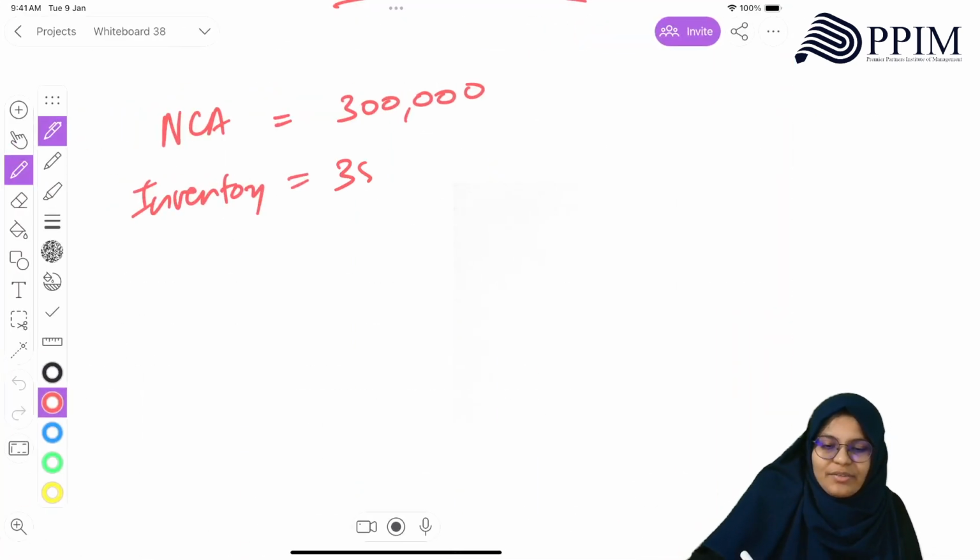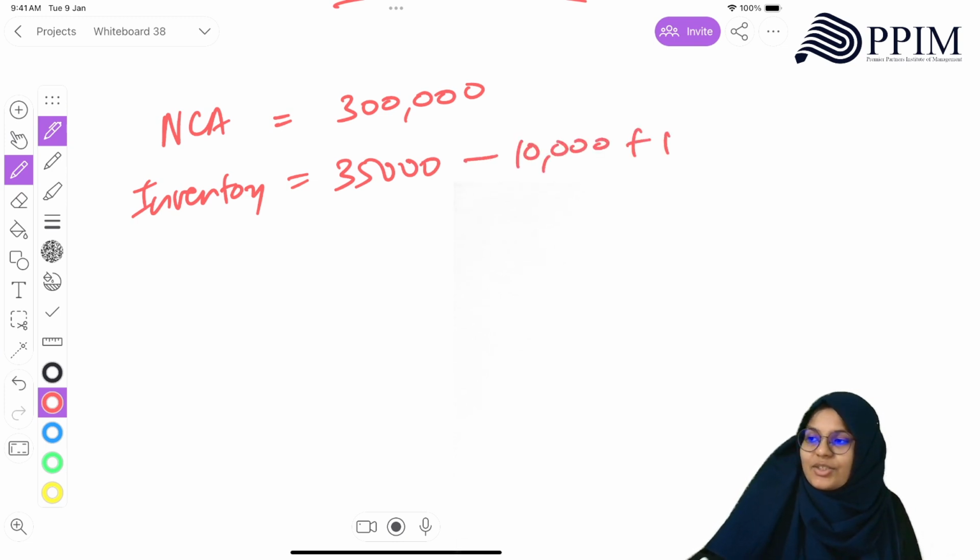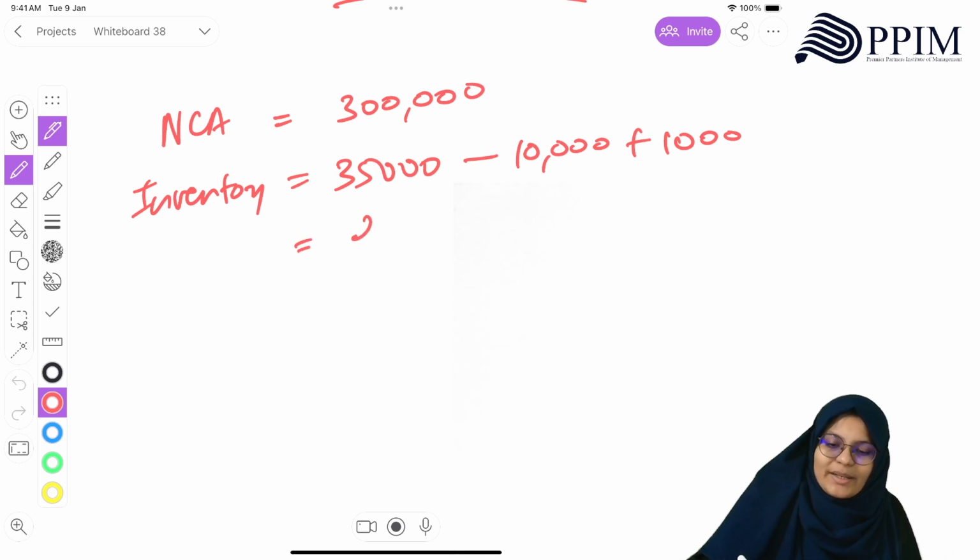So 35,000 minus 10,000 because it's obsolete, but still it's not entirely lost. 1,000 you can recover. So actually inventory will be 25 plus 1, 26,000.